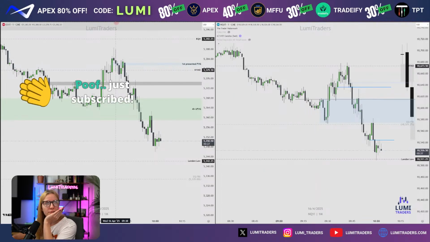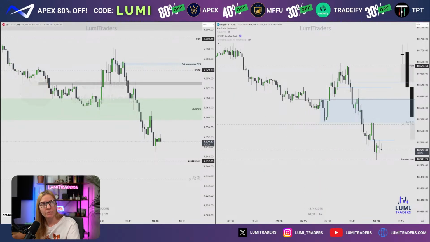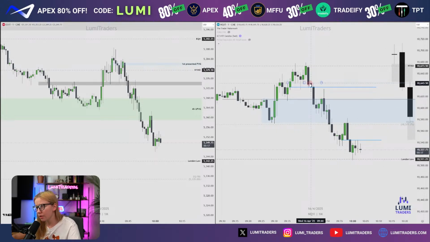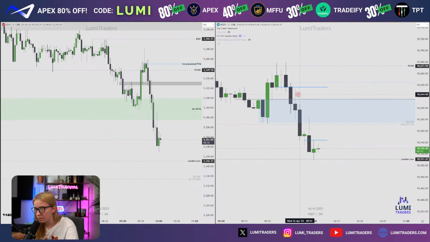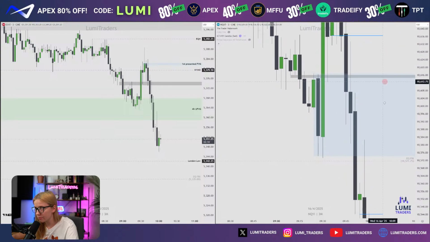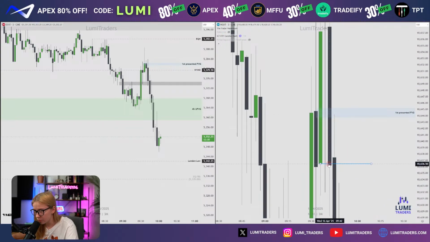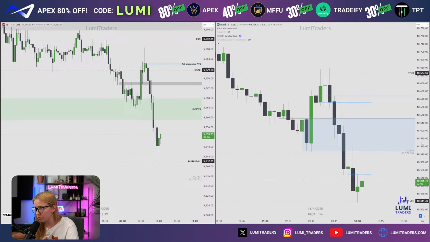Okay, let's focus right now on price action. Actually we got the closure below this candle right here, so it was an order block. Let me zoom in a little bit. Yeah, it was an order block on the 3-minute chart right here.